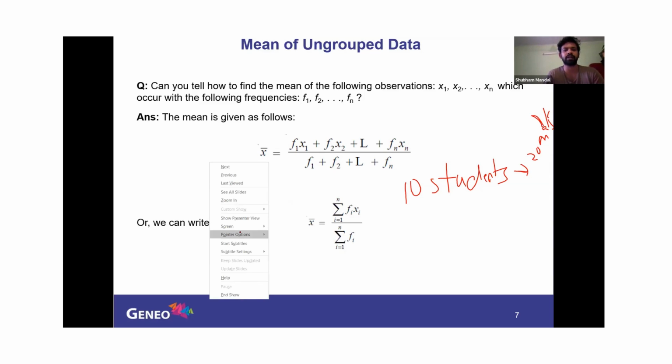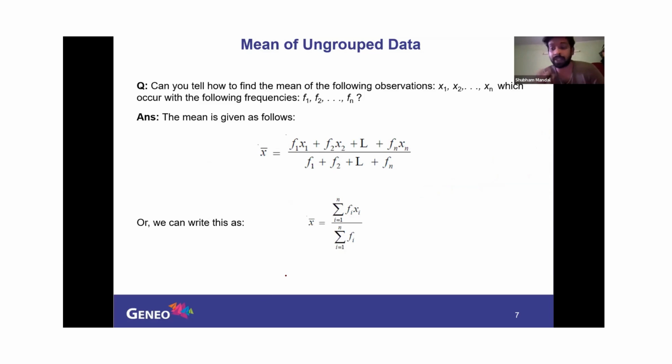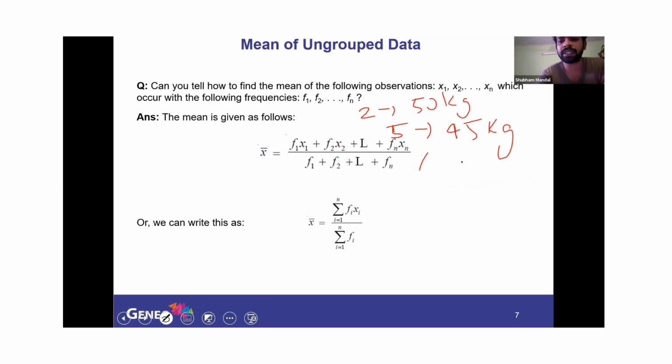Let's say we check the weights of students. Now, let's say 2 students have weight 50 kg. 5 have weight 45 kg. 6 have weight, not 30, let's say 40 kg. 4 have 55 kg. Okay.